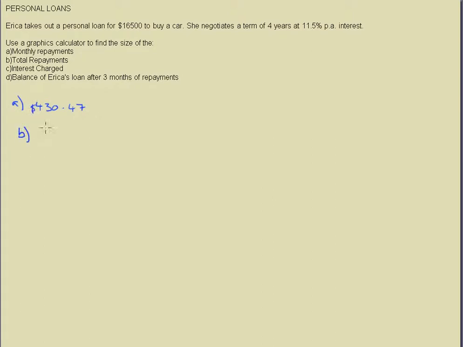So looking at the next question, what would be the total repayments? It's easiest to simply answer this by looking at the actual figures.